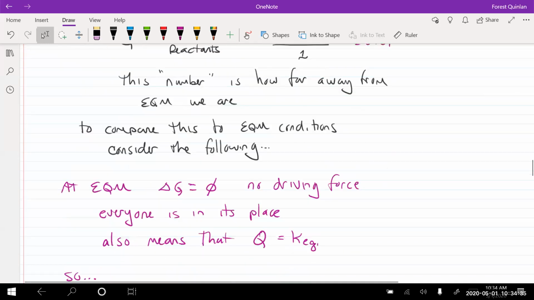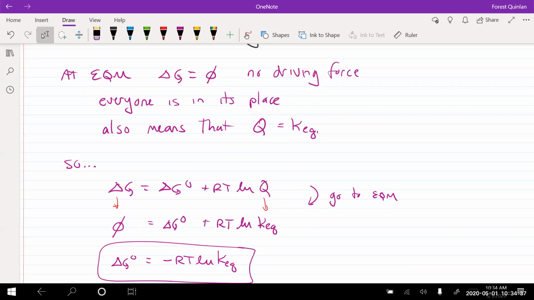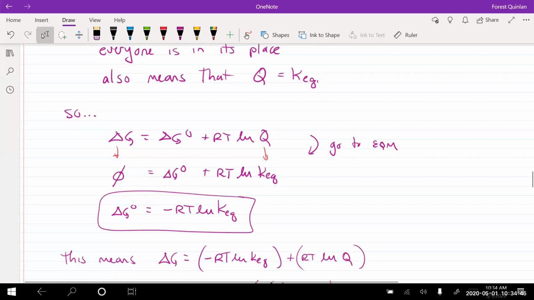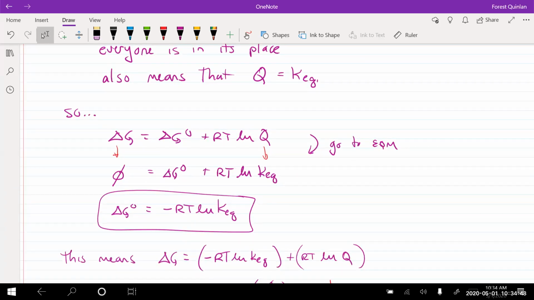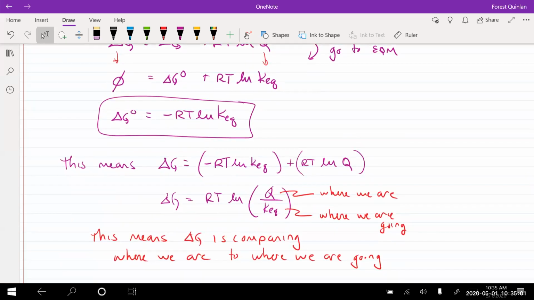Along the way, I reminded us that delta G naught equaling 0 says there's no driving force. We are at equilibrium. And if that's the case, then delta G equals delta G naught plus RT ln Q is really just nothing equals that Gibbs free energy at 25 degrees and its equilibrium conditions. So we now have a way of relating the delta G naught to an equilibrium situation.